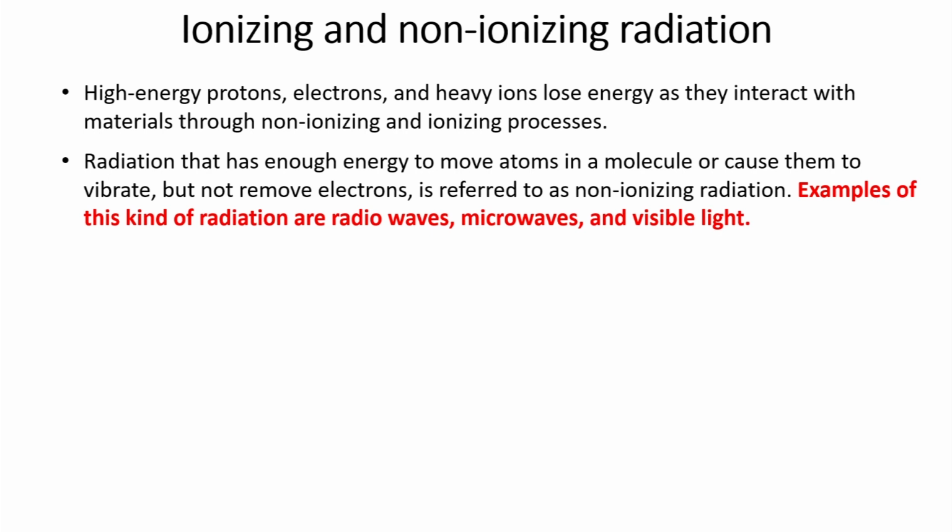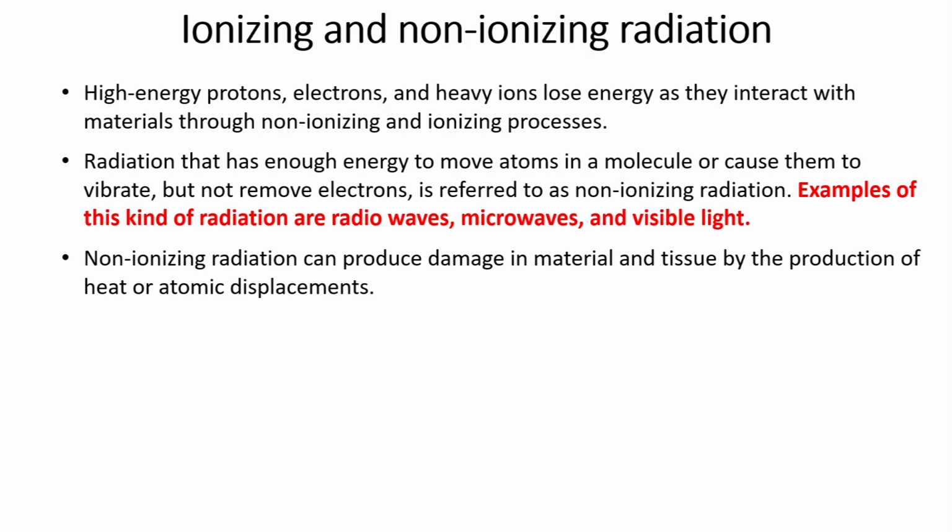Here the effect is not in terms of ionization, but it can be heating of the material, or there can be some atomic displacement. Those things can happen, but the material does not get ionized. Examples of this kind of radiation are radio waves, microwaves, and visible light. These are the types of radiation which do not cause ionization.